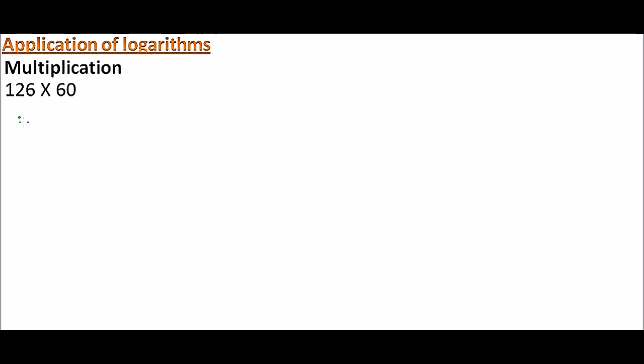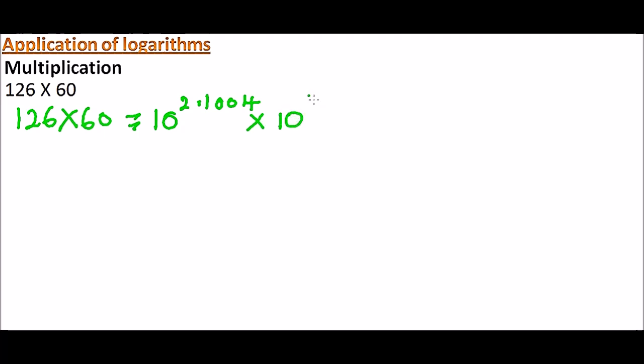We have 126 multiplied by 60. We can write this as 126 in terms of powers of 10 by using the logarithm. So it is 10 to power 2.1004, multiplied by 10 to power 1.7782.